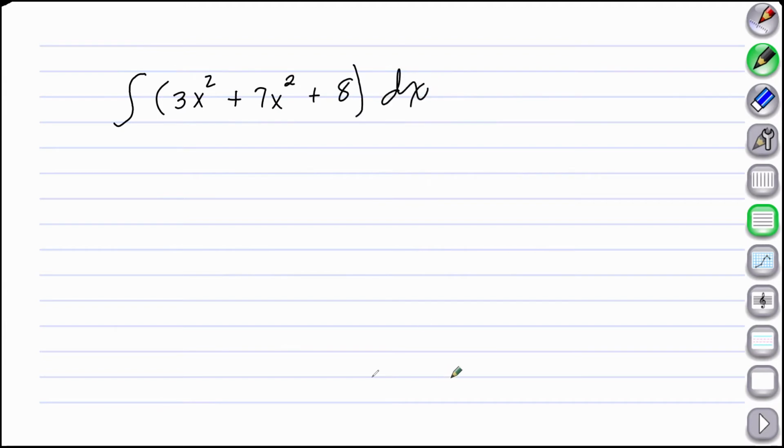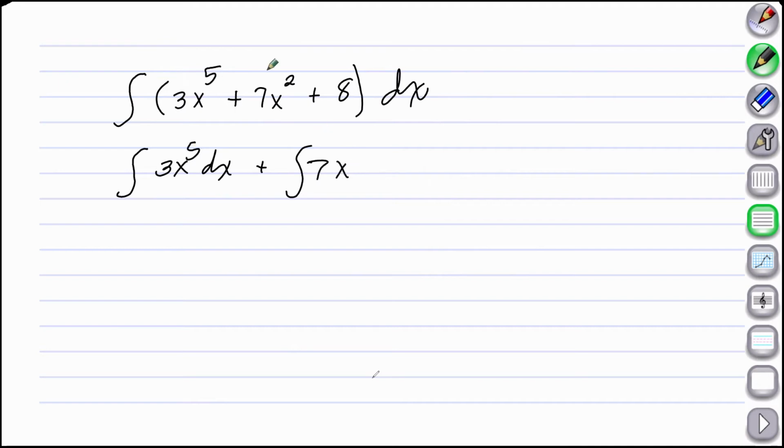Okay, so we have a problem like that, right? Good. Okay, so notice the dx, we can write this as 3 separate ones if we wanted to. After you get faster, you probably wouldn't want to put this step in, but starting out, you could write this as the integral of 3x squared dx plus the integral of 7x to the 5th dx, I'm sorry, plus the integral of 7x squared dx plus the integral of 8 dx.